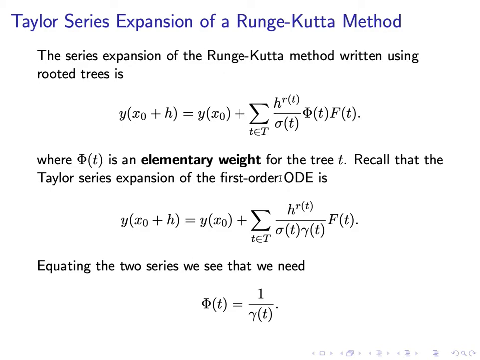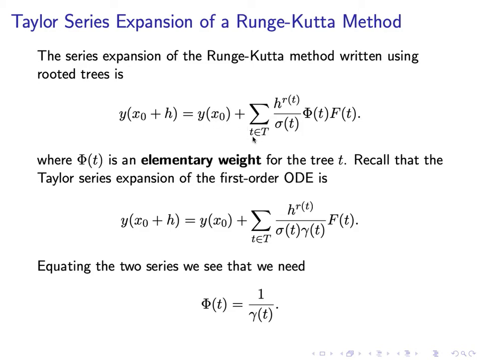I've skipped over some of the detail here. If you want to look at the detail, check out the lecture notes, or also some textbooks which are referenced in the lecture notes. So the series expansion of the Runge-Kutta method using rooted trees is this. We've got the same y as we had before.